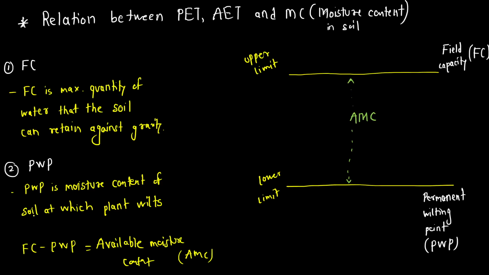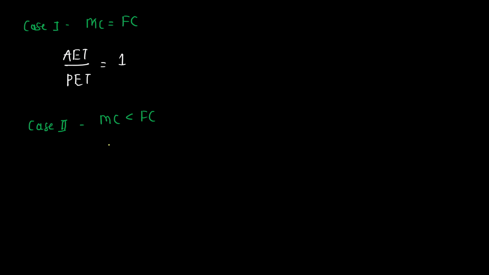Just look at this diagram. If the moisture content is at field capacity, then AET by PET will be equal to 1. If it is less, then AET by PET will be less than 1.